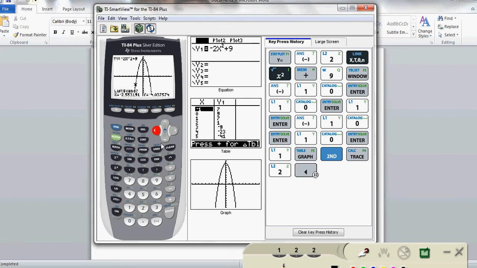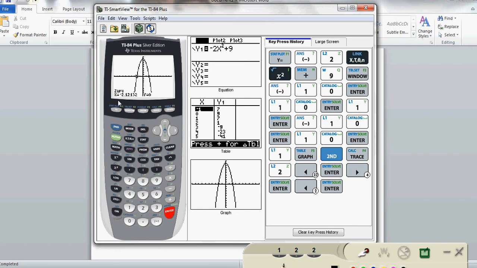It doesn't have to be that far left, but it does have to be to the left. So there, we've got that. I hit enter. Then I need to do right of that 0. So there, I'm slightly to the right. I'm going to hit enter, and then finally it asks for a guess. Now on zeros, guesses are totally arbitrary, but you can try and get it closer if you want. It doesn't really matter. Or you can just press enter.